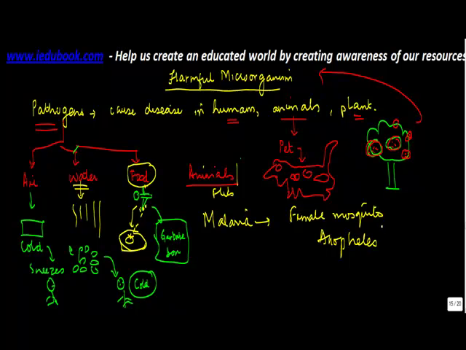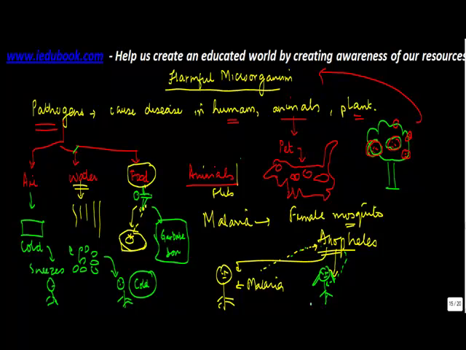As these female Anopheles mosquitoes bite a person who is affected with malaria, some of these microbes go and sit in the body of the Anopheles. When she goes and bites some other person, she transfers these microbes to the body of the other person. And that's how malaria gets spread from one to the other.